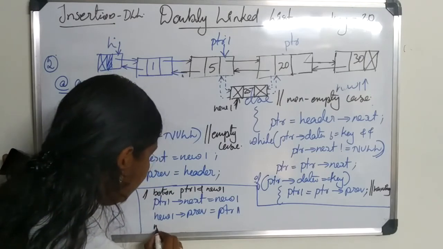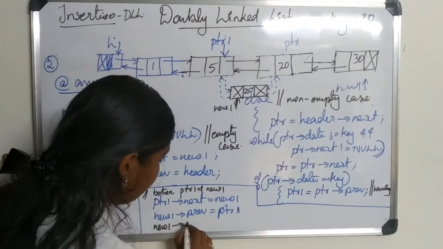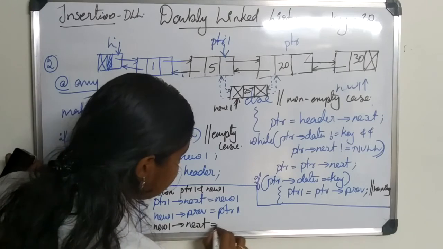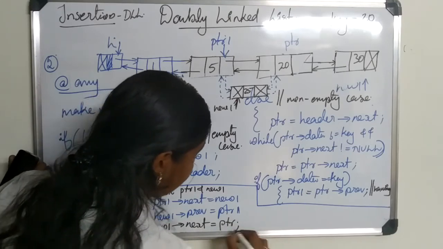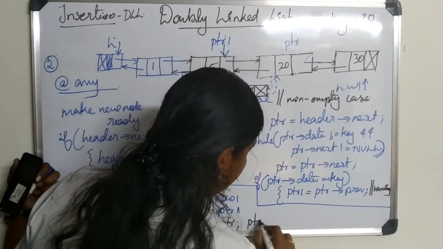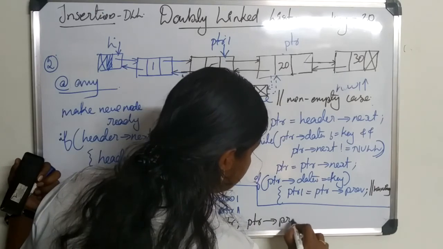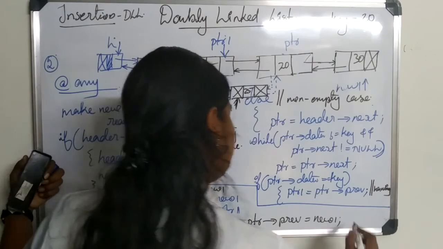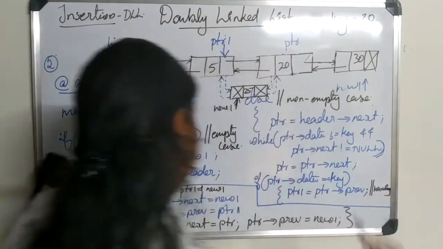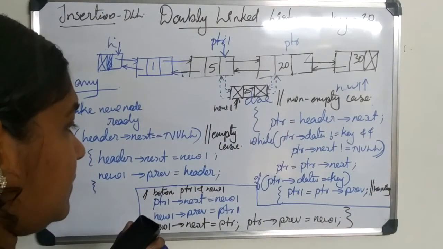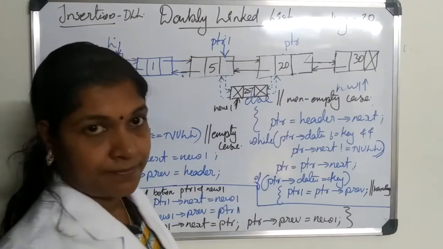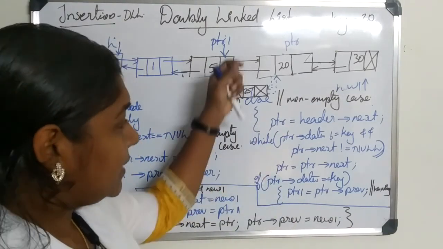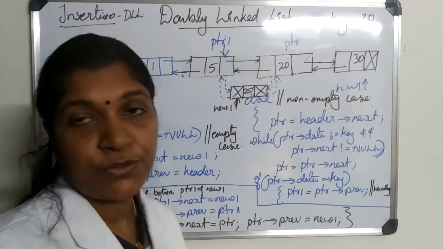So new one dot next is equal to ptr, then ptr dot previous is equal to new one. So that's all in the if part. Okay, so I'll write it as complete code and I'll show you.